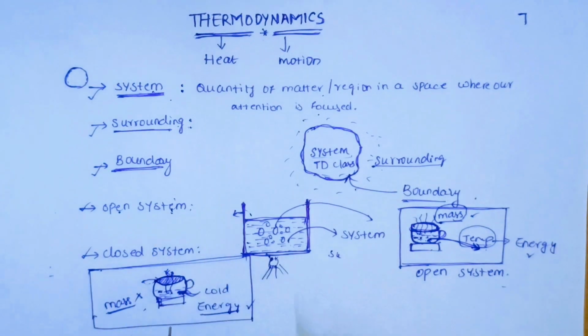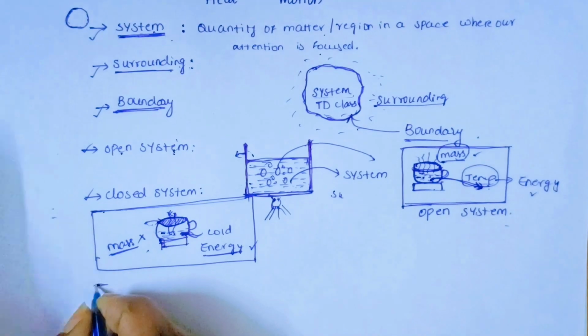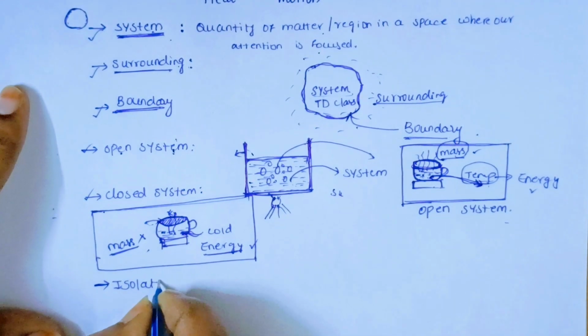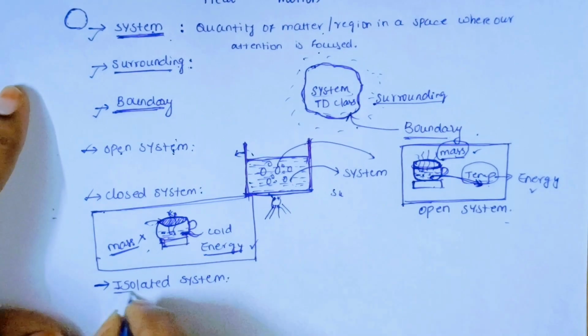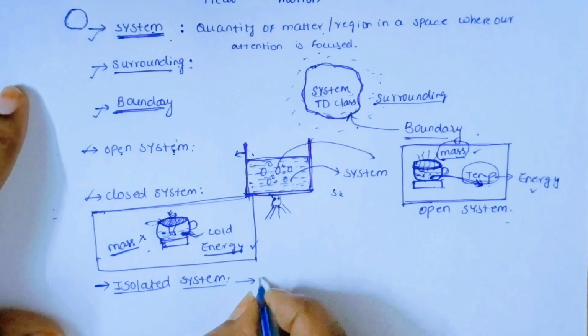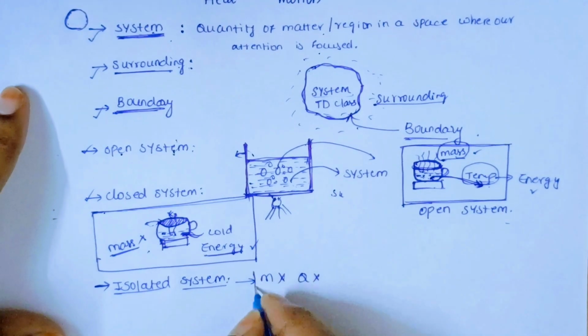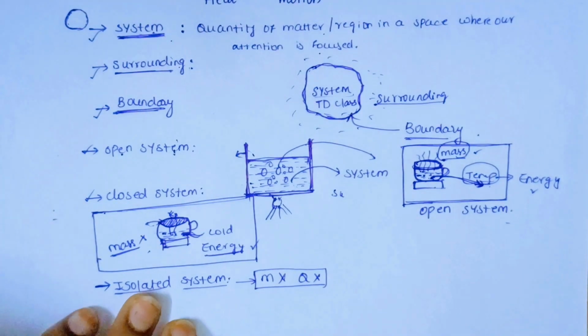And one more important system is the isolated system. An isolated system is one where there is no mass transfer and no energy transfer between the system and the surroundings.